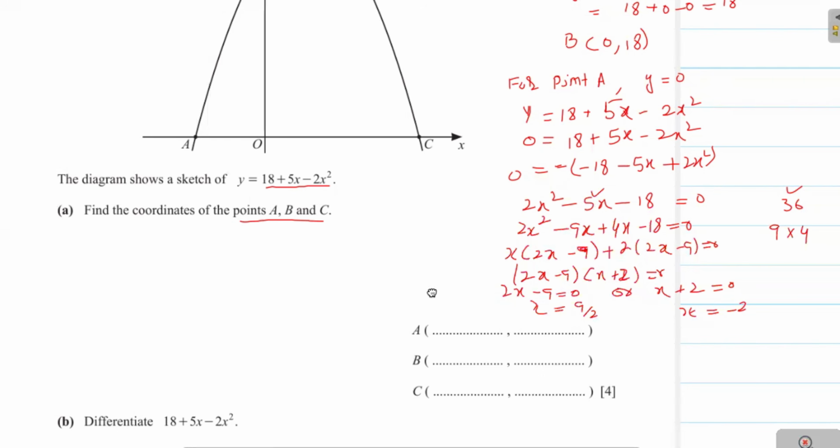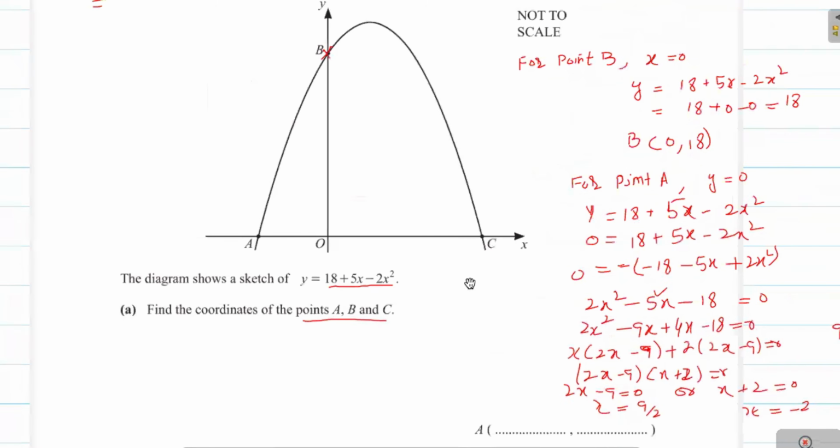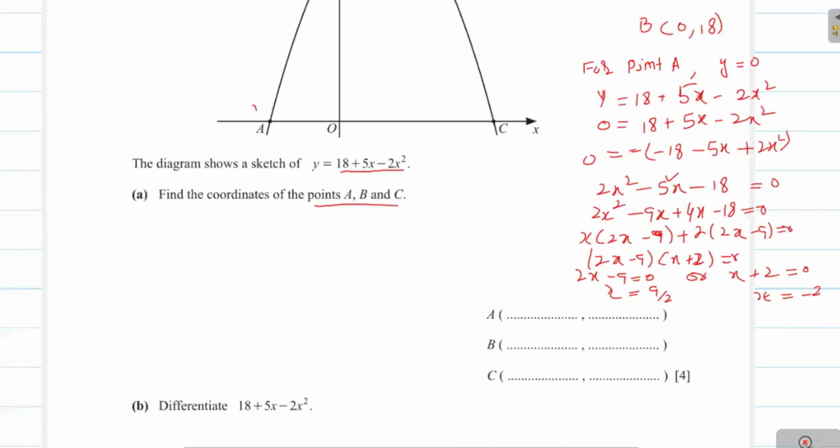Therefore the coordinate of A will be (minus 2, 0), and the coordinate of C will be 9 over 2, which is 4.5, so (4.5, 0). B is (0, 18), and this is the answer.